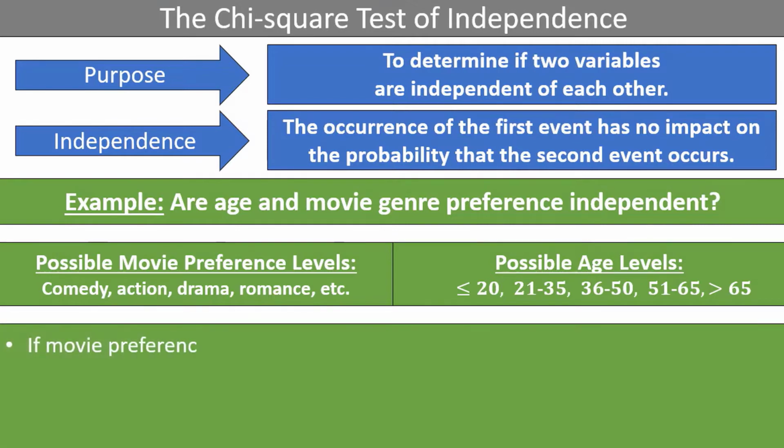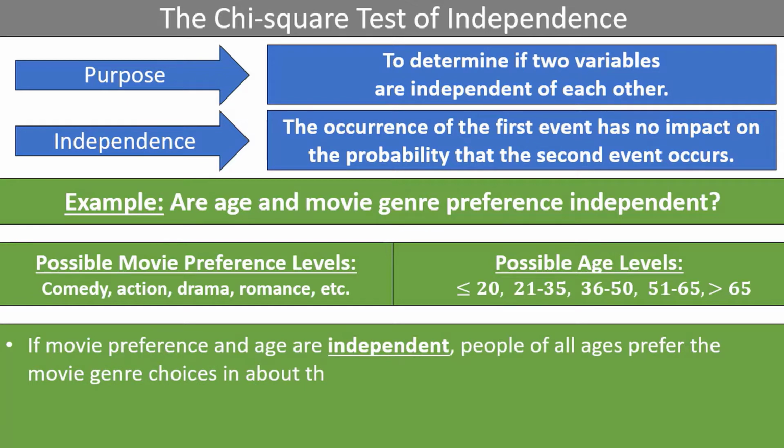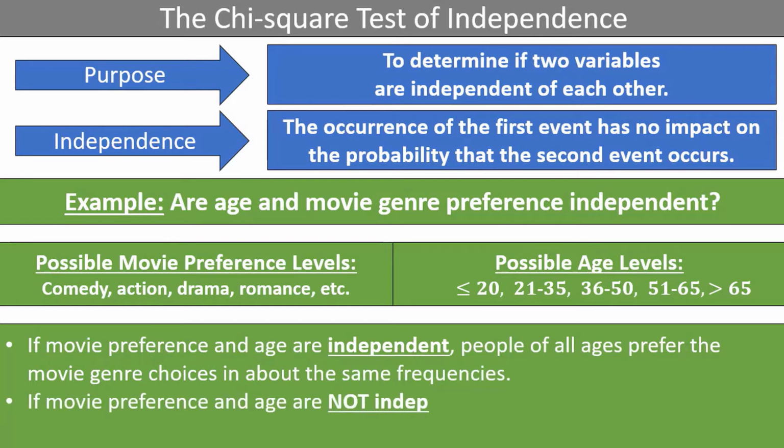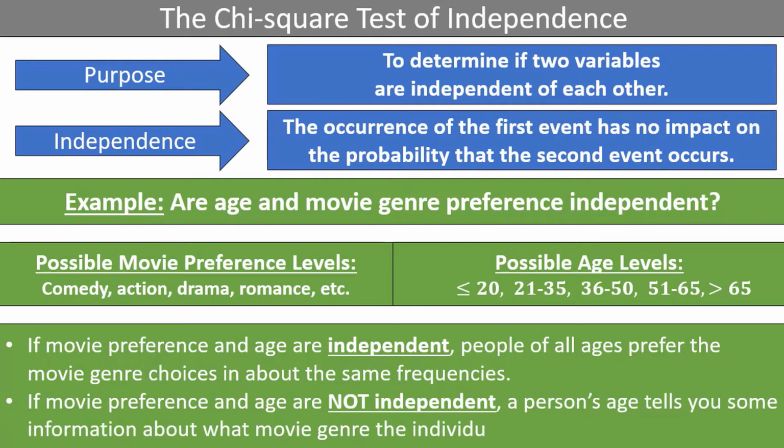If movie preference and age are independent, people of all ages prefer the movie genre choices in about the same frequencies. If movie preference and age are not independent, a person's age tells you some information about what movie genre the individual is most likely to enjoy.